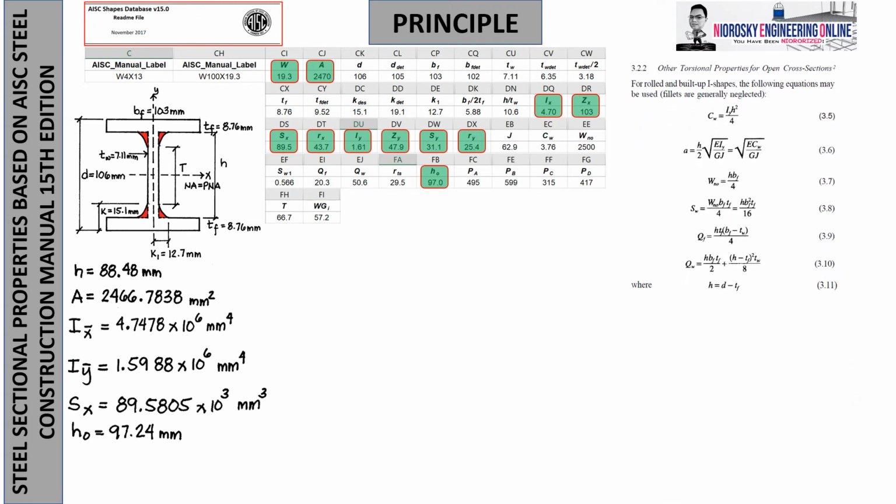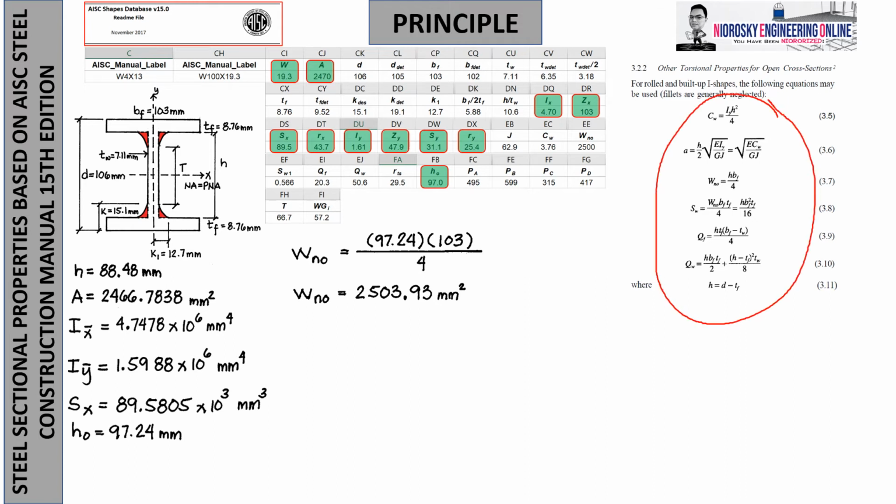Okay, by plugging in all the values as seen on the left side, which is why I left it there for us to apply. Again, H is equal to H sub naught in this figure. Okay? So, as we continue, you can get the normalized warping function. If you plug in all the values, using the formula written on the right side, at the top portion, you can get 2,503.93, which is almost near the 2,500 in the table.